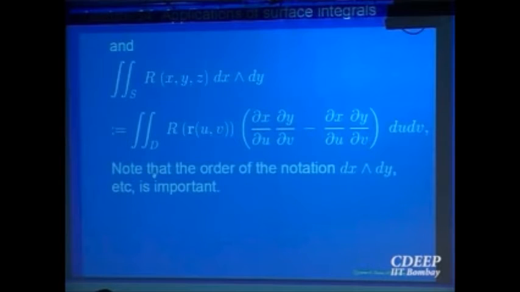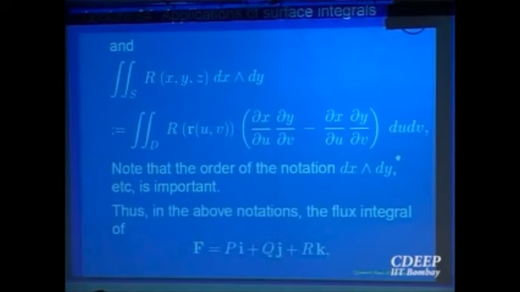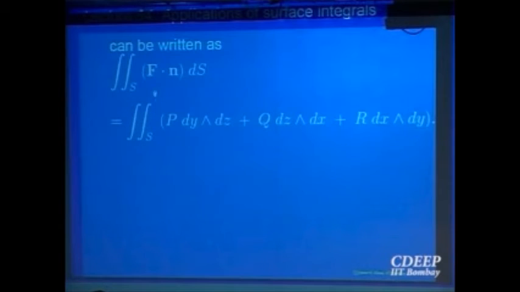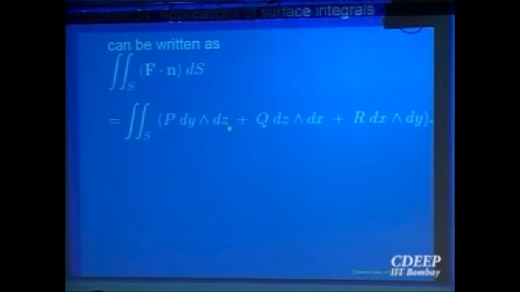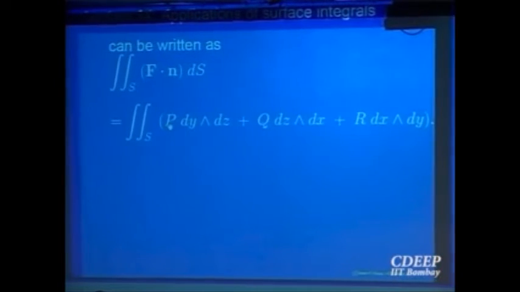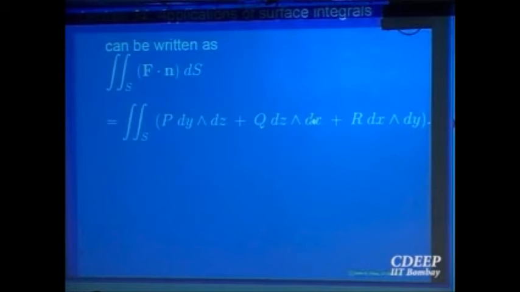Right, so in this notation, if F is given by this, then the surface integral of F dot n will be P dy dz. P is the first component, the x component, then y z; this is the y component, z x, cyclically it is coming, okay?